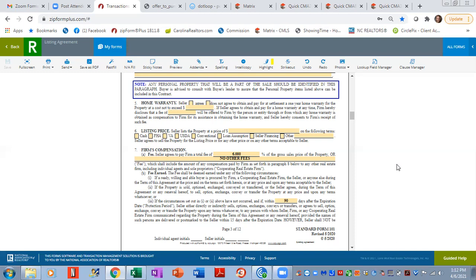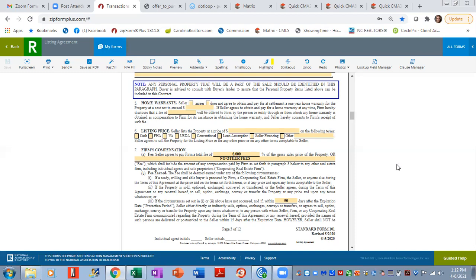Okay. The listing price, this is where you'll need to run your comps for the area to give you a baseline for the conversation with your client. Now remember, it's their home. You guide them, but it's their choice.